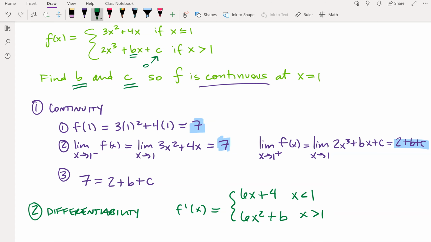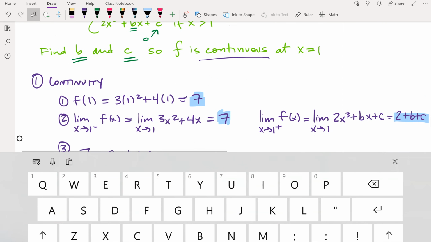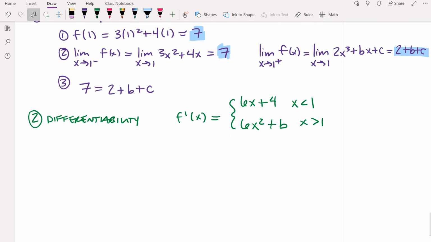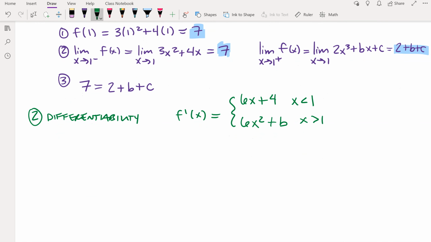Sweet. Now we're going to go through the steps of continuity for our derivative function to prove differentiability. Remember, we just do the second step of continuity. The limit as x approaches 1 from the left of f prime equals 6 times 1 plus 4, which equals 10.